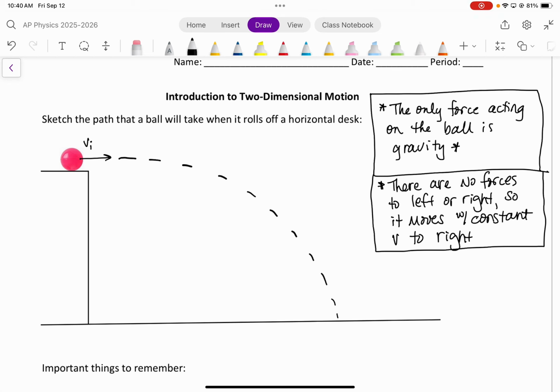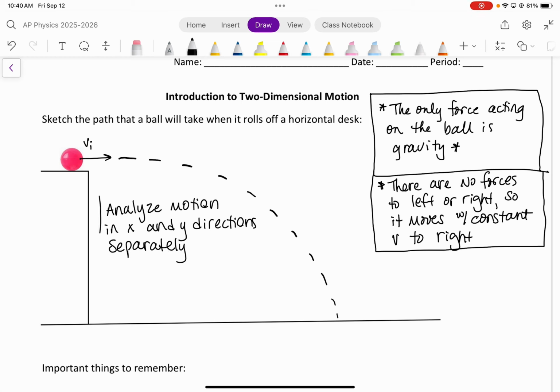Because of that, we have to analyze the motion in the x and y directions separately.